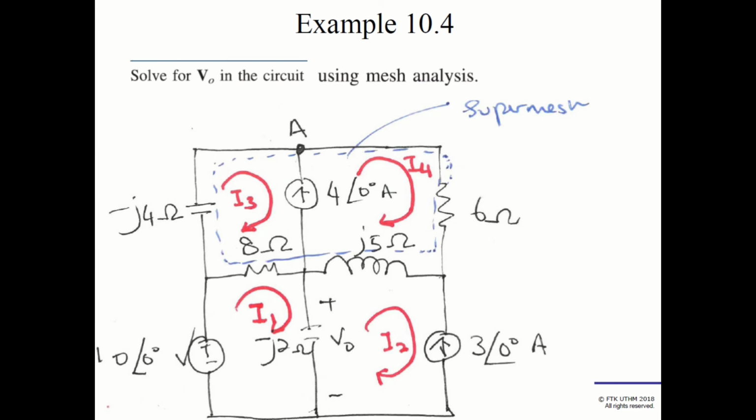Okay, let's look into another example, example 10.4. The question asks to solve V0, which is over here, in the circuit using mesh analysis. If you look at this, we have 1, 2, 3 and 4 meshes. However, in the middle between mesh 3 and mesh 4, there's a current source.